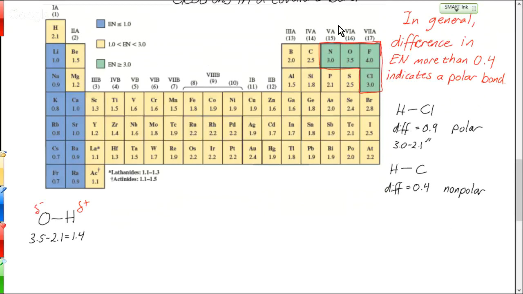So really, if you just know those green ones, I guess Br is 2.8, anything bound to those is going to be polar. I wouldn't ask you to determine if a P-S bond was polar unless I gave you the numbers. So you should know that the most polar ones are up in the corner, and that should allow you to answer most of the questions you have about whether or not something is polar.